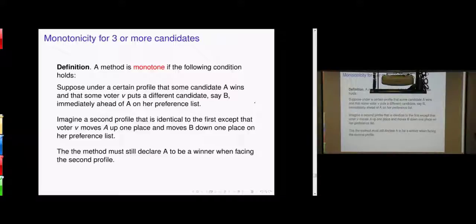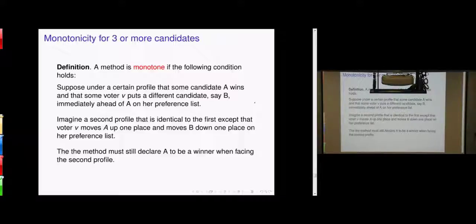If you iterate this, you can move A up several places, because if the system is monotone, you swap one place, the result won't change, swap another, it still won't change, right? The definition is easier to check because it zooms into this particular case. Are you with me on this?